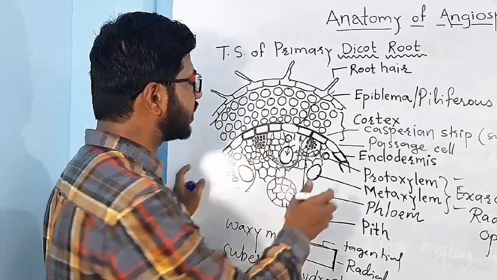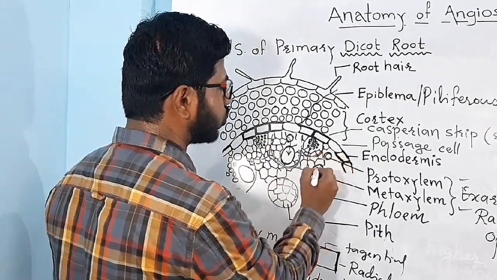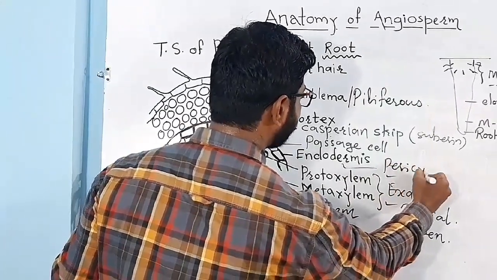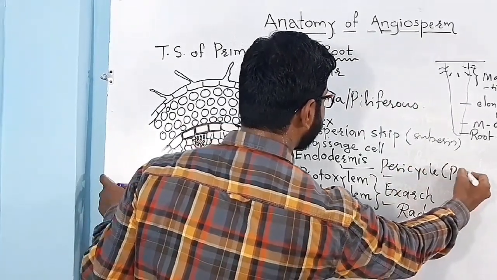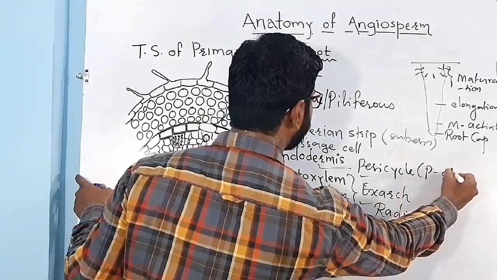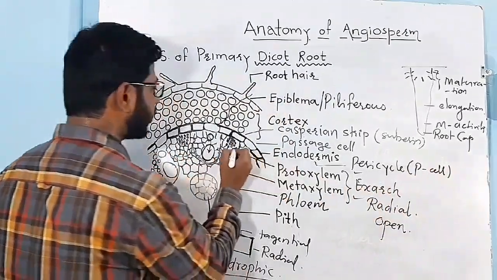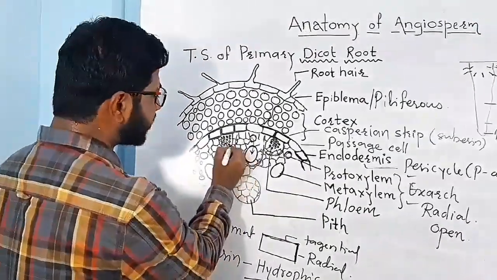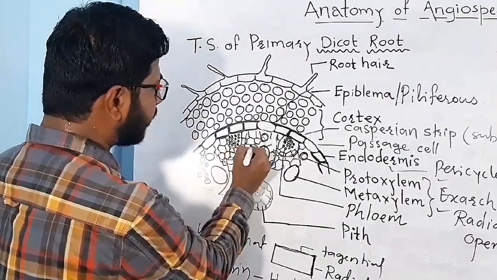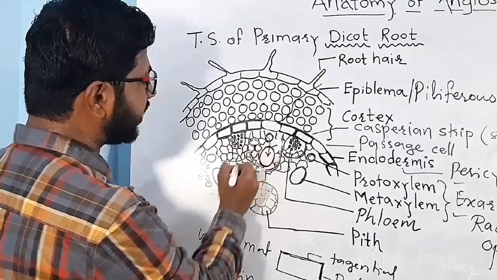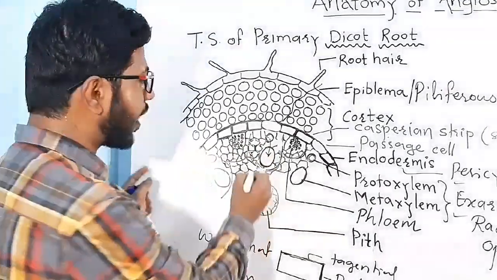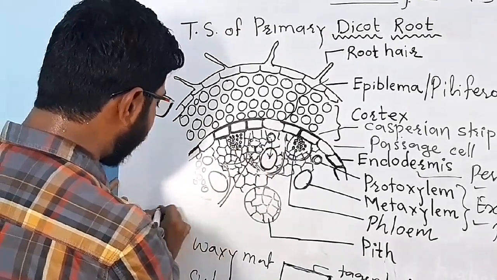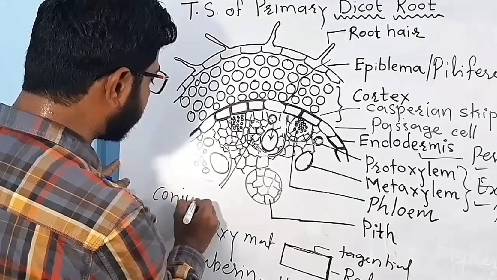Inside the endodermis, pericycle cells are also present. Endodermis is followed by the cells of pericycle. Pericycle cells are also made up of parenchyma. Therefore, these are parenchymatous cells. Next thing, in between xylem and phloem, some parenchymatous cells are present in strips. These parenchymatous cells between xylem and phloem are known as conjunctive tissue.